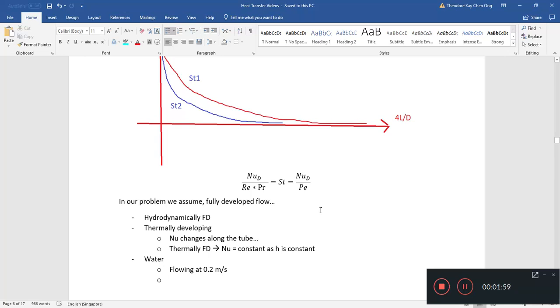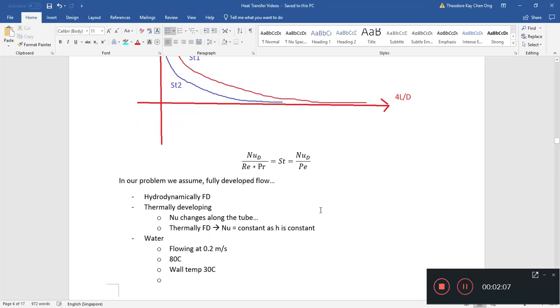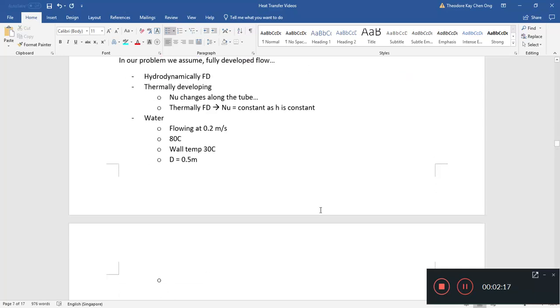Let's say it's hot water, 80 degrees C, wall temperature 30 degrees C. And you have a diameter of, let's say, 0.5 meter, and length equals 100 meters.